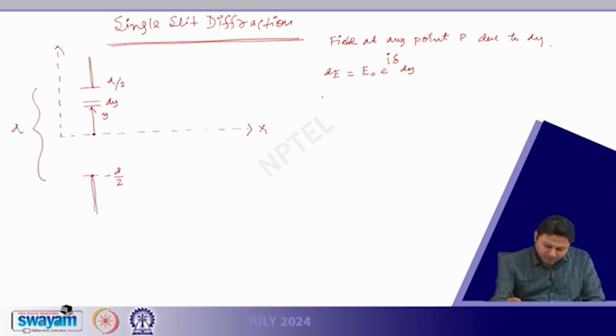And delta, what is delta here? That is important. Delta is the phase difference between the point 0 and y.